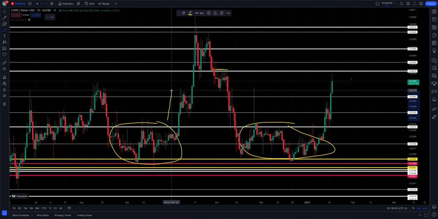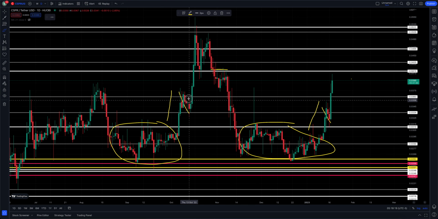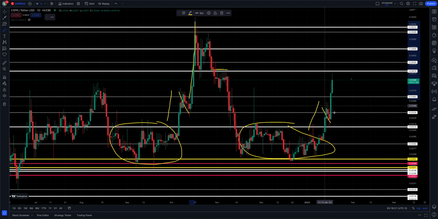Big pump up. Here's our pullback right here, although that was longer than 2 days. Casper took 2 days this time. And then we made another move to the upside. Currently making a move to the upside. We'll see where it eventually stops.